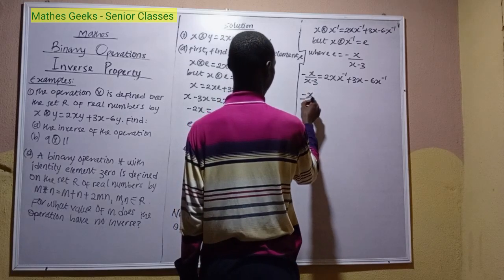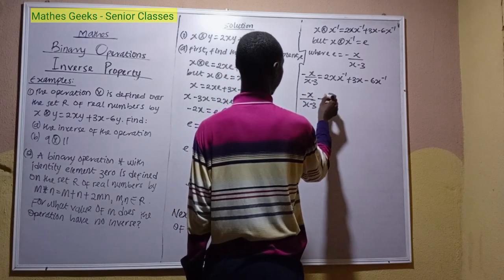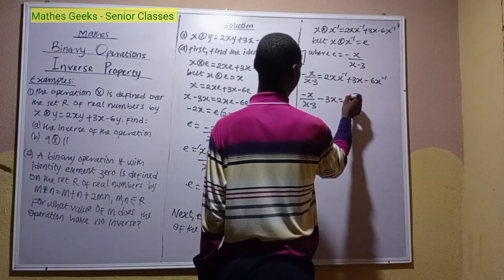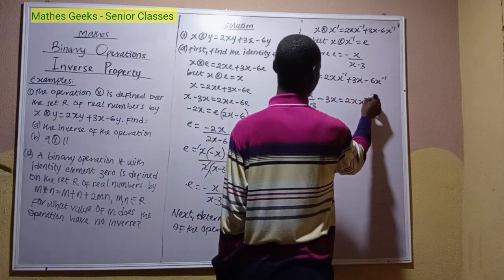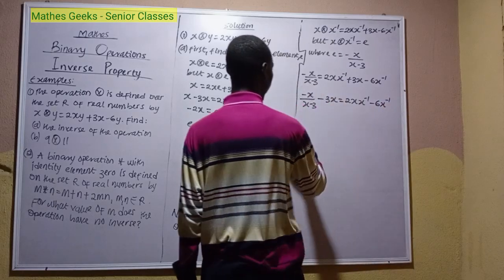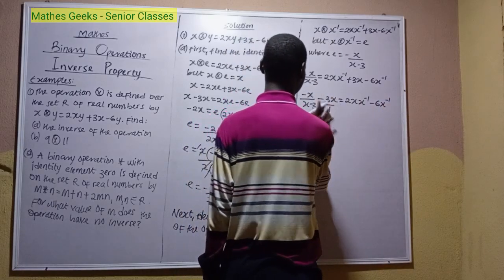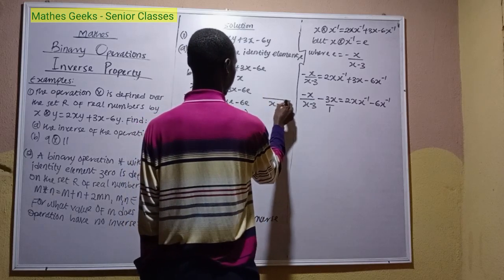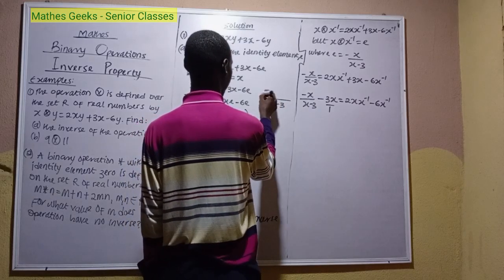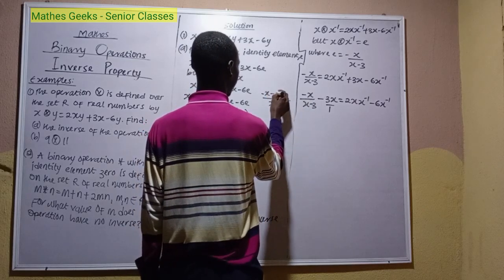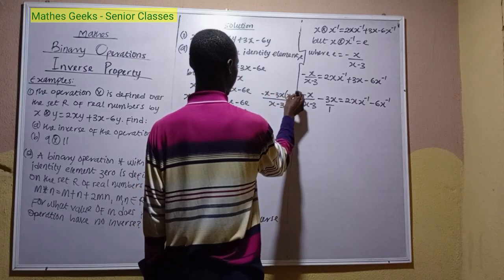Minus x over x minus 3 minus 3x is equal to 2x raised to minus 1 minus 6x raised to minus 1. So on this part, we're going to simplify here. Minus x minus, and here will give us 3x times x minus 3.